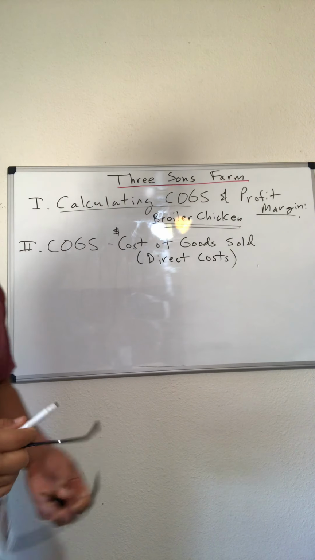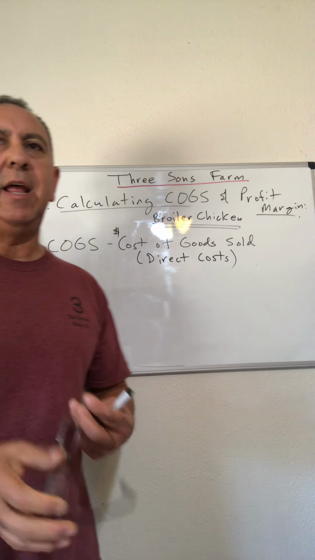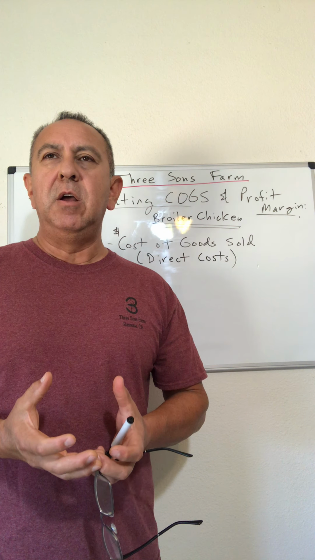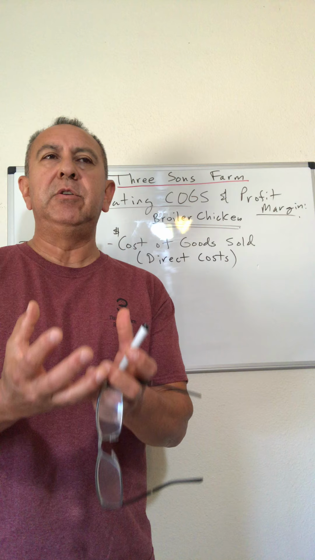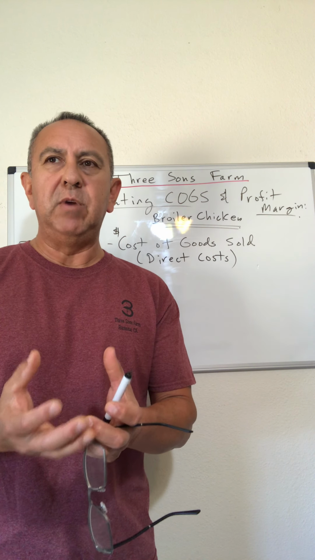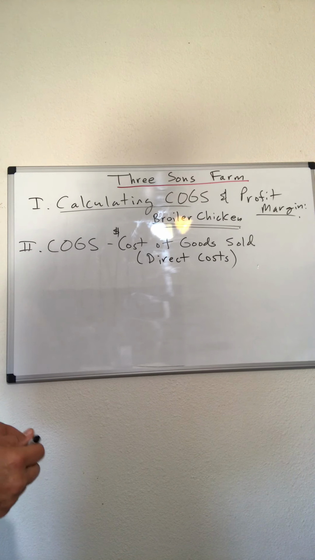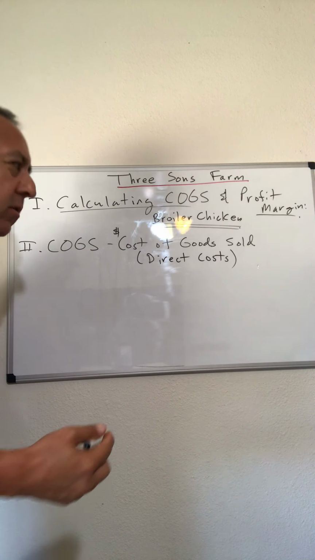The idea is this: when I'm holding a whole chicken in my hand and it's ready to be sold to a customer, how much did that cost me to get it to that point? The direct costs. So let's look at the direct costs versus indirect costs and what that looks like.